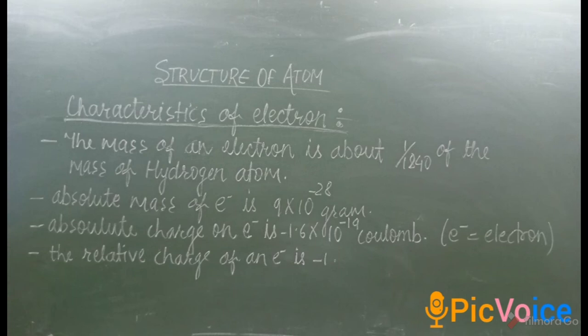The absolute charge on an electron is 1.6 into 10 to the power minus 19 coulomb of negative charge. That's why it is written as minus 1.6 into 10 to the power minus 19 coulomb, where coulomb is the unit of charge, and the relative charge of an electron is minus 1.